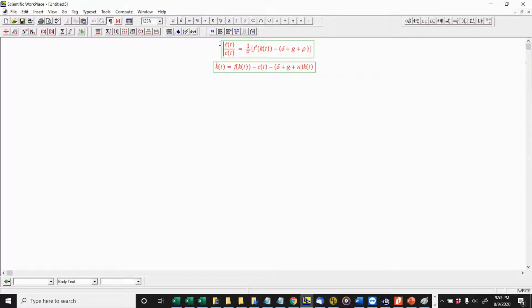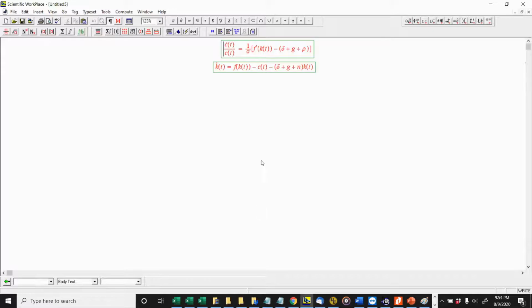Therefore, we could imagine drawing a figure where consumption is on one axis, capital is on the other axis, and we can represent that line, the line where C dot is equal to zero, in this space.